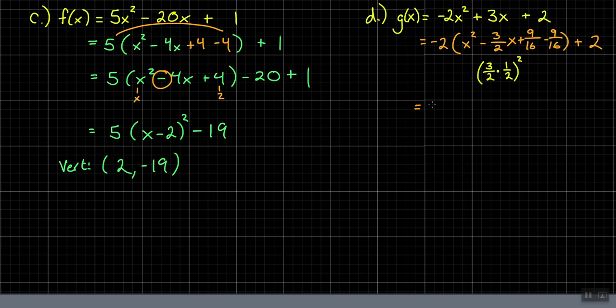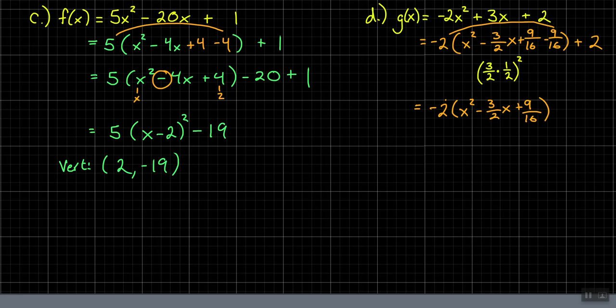The negative, right? So let's do it. So I have negative 2, and then I really would probably just leave this alone here, or I would factor it as I'm going, but I'm okay if we don't. And let's think, when I distribute this through, how do you guys do it? Negative 2 times negative 9/16. If I just jump to call that 9/8, do you see where that happened?